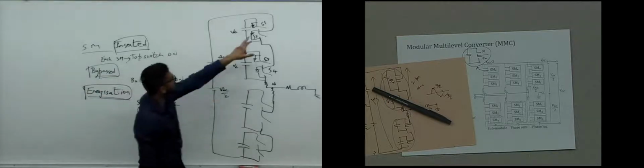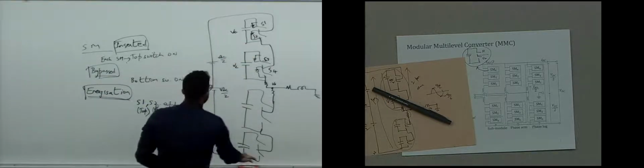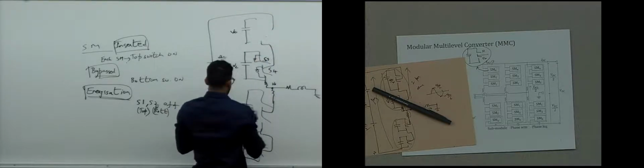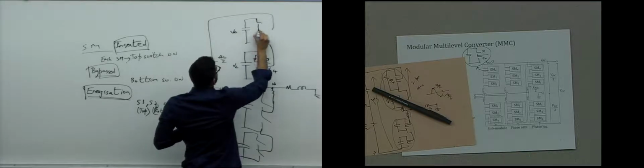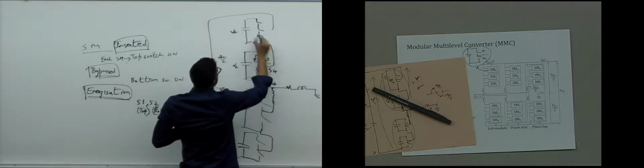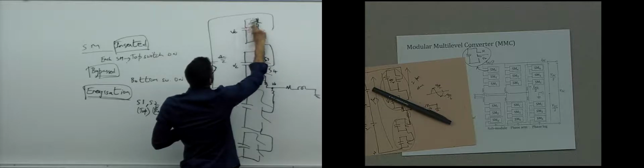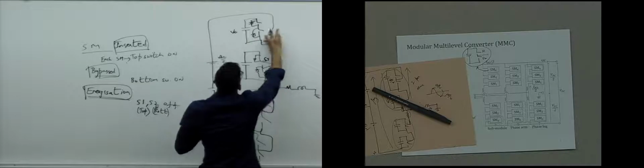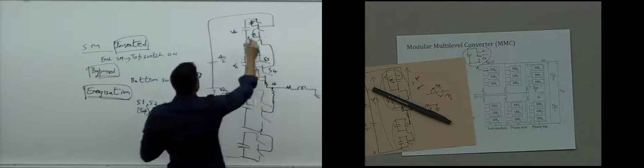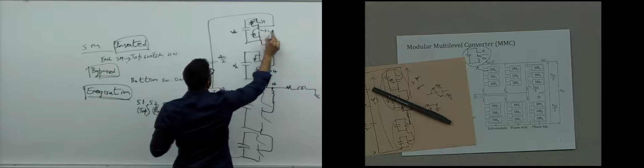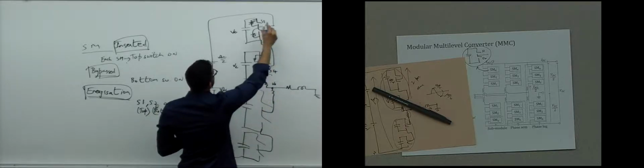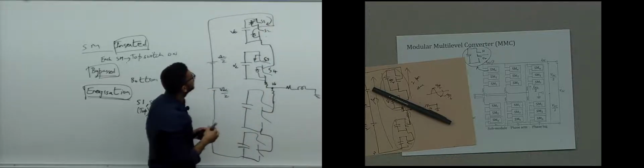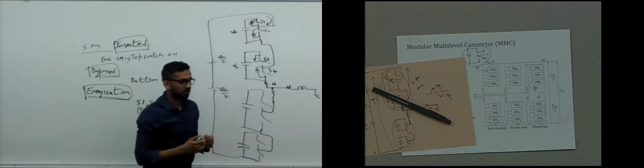For example, if S1 and S2 are off and the current direction is like that, which diode do you think will conduct? This diode conducts, right?